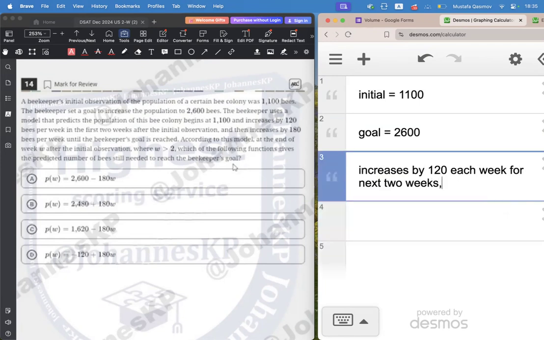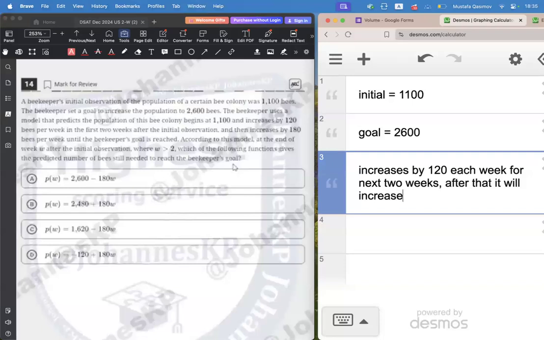And after that, it will increase by 180 for, okay, let's say that number of weeks is W. So if for first 2 weeks it is 120, then we will have W minus 2 weeks, right?